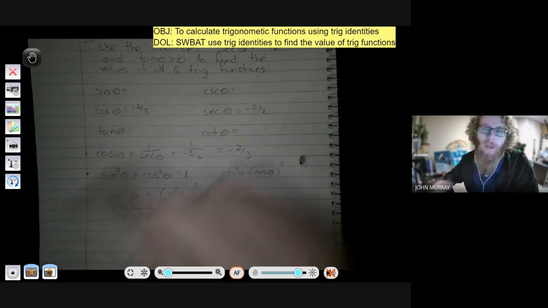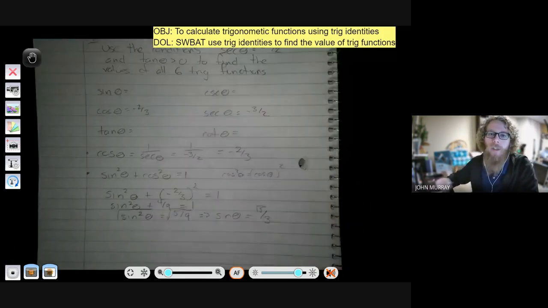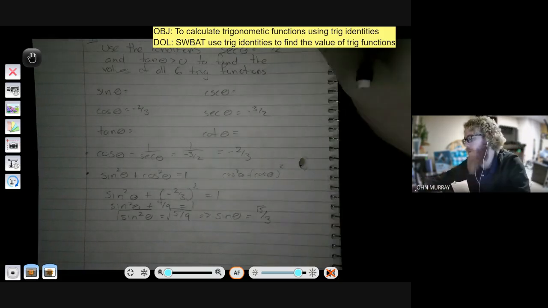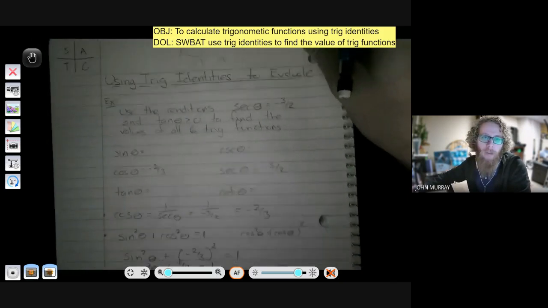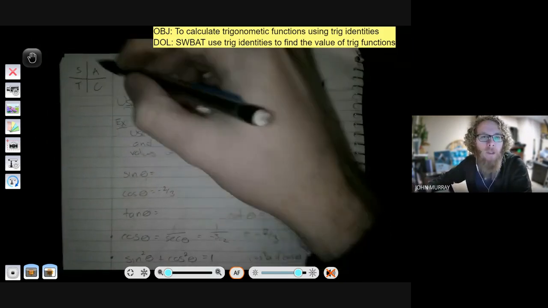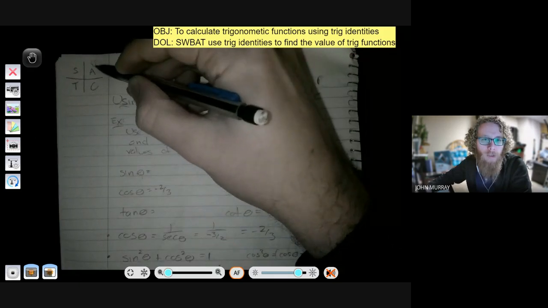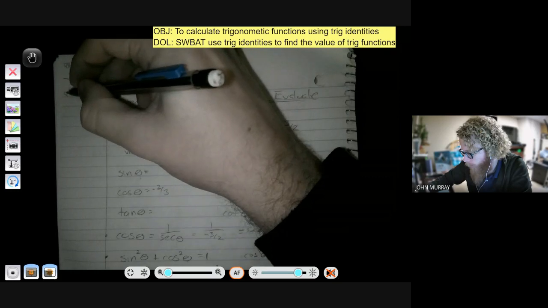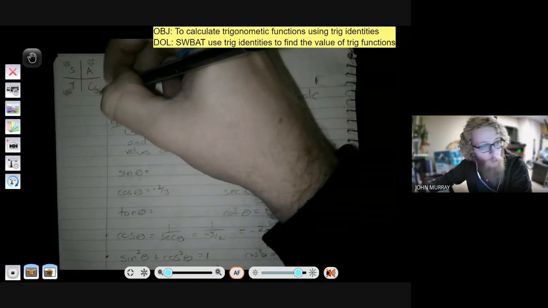So this is where we have to start taking into consideration the second part, because the answer being positive or negative matters. Before, I drew this little thing in the corner here, and I've referenced this before. These are our quadrants: 1, 2, 3, 4.